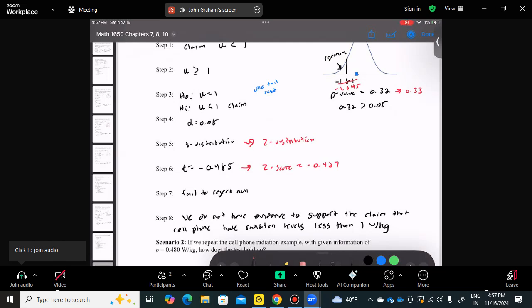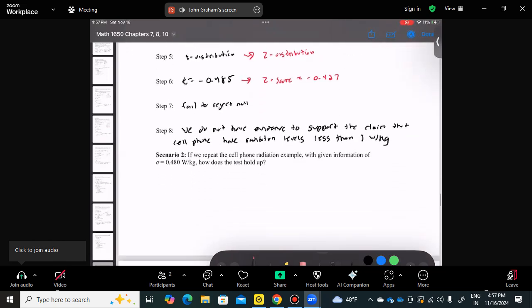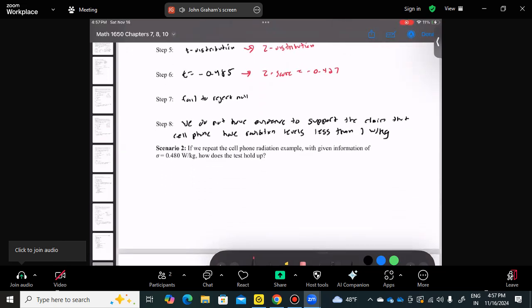Now I will say the test statistic did get, I think, closer to that critical value, but not much closer. So we still fail to reject the null, and so we still do not have enough evidence. In this case, the result was the same.